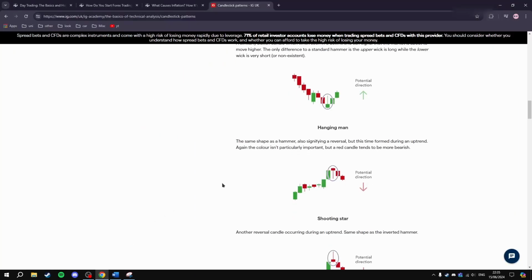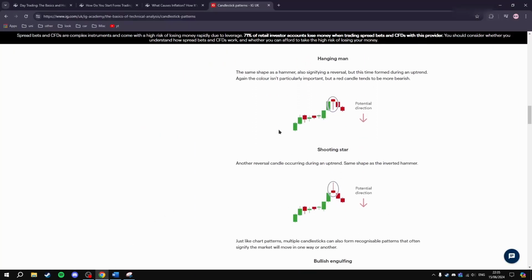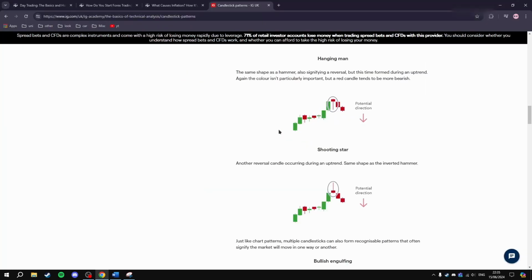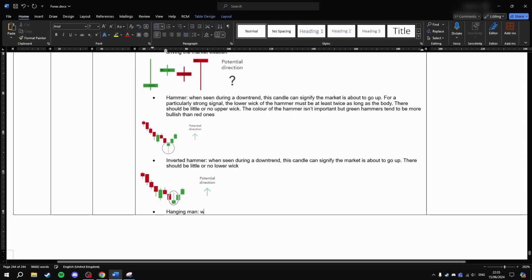Hanging man. Same shape as a hammer, also signifying a reversal, but this time formed during an uptrend. Again, the colour isn't particularly important, but a red candle tends to be more bearish. So here we go, hanging man. When seen during an uptrend, this candle can signify the market is about to go down.